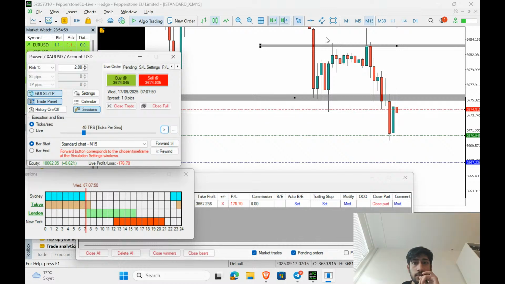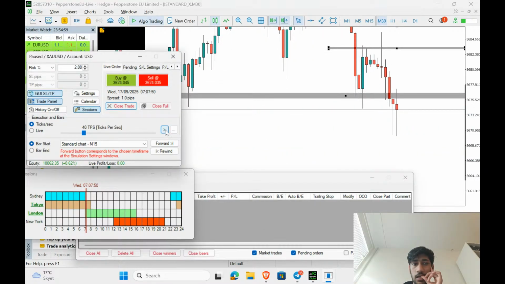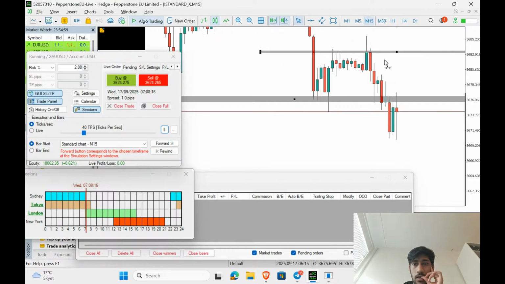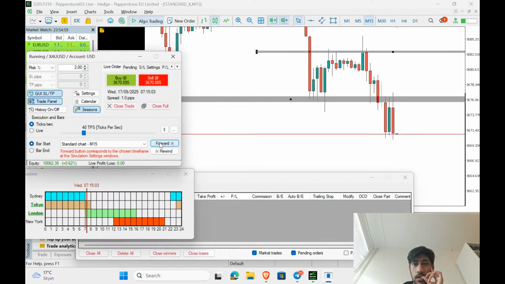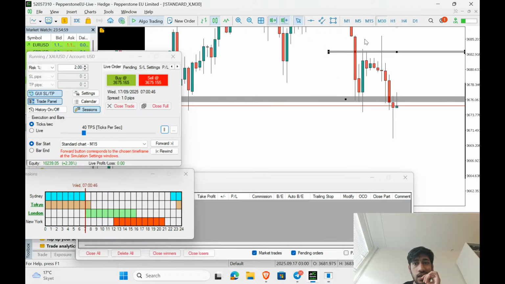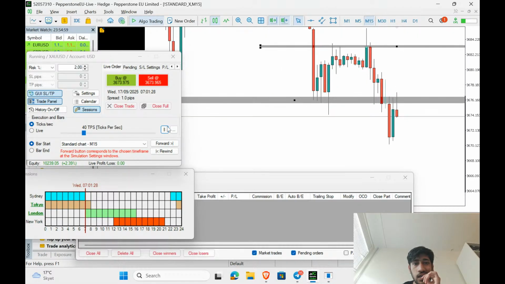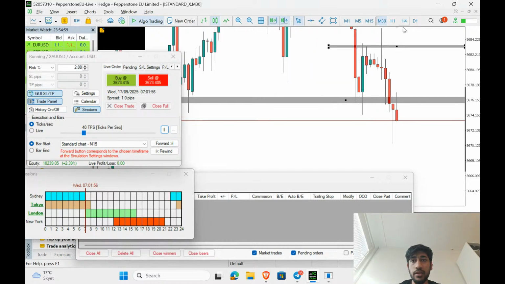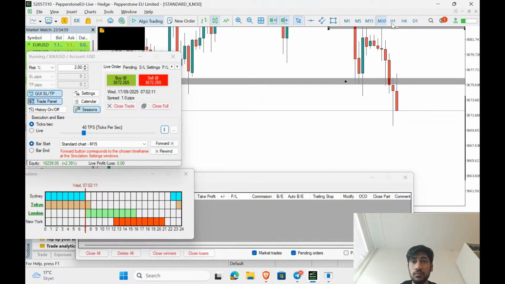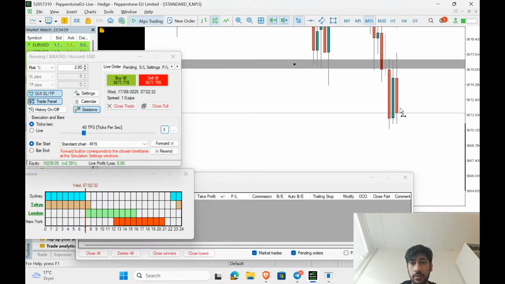I think we're just gonna close this trade. I think it was a great idea to just wait because M30 had this rejection, M15 even if we break below this low.